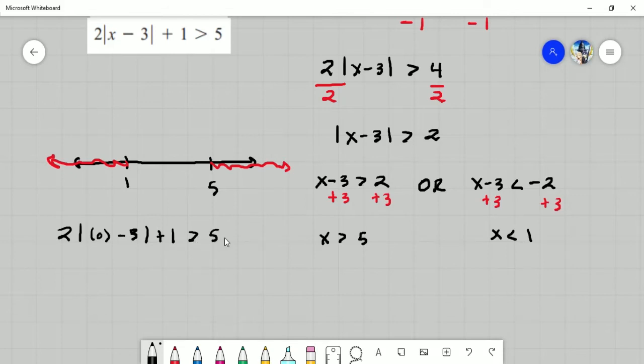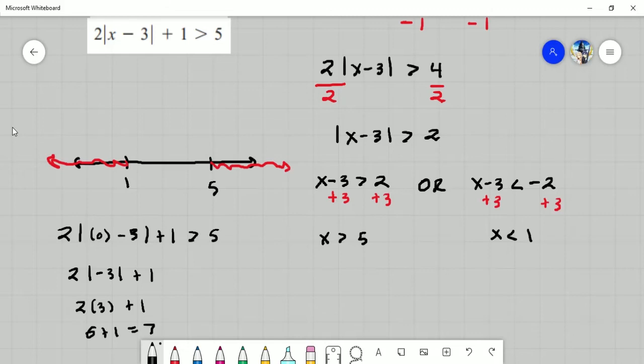So 0 minus 3 is a negative 3. Absolute value of negative 3 is a 3. 2 multiplied by 3 is 6. 6 plus 1 is 7. 7 is greater than 5. So every value less than 1 will check out.